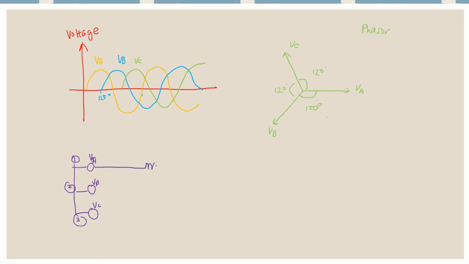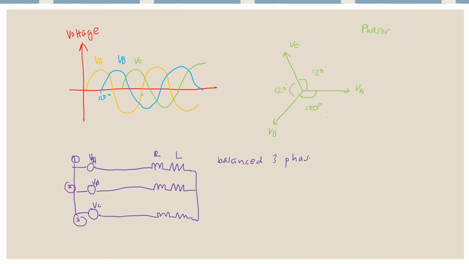Then we have the load, R and L. Because it is balanced, all the loads are identical. So because this is a balanced three-phase system, you will see that the loads are identical. So this is balanced.